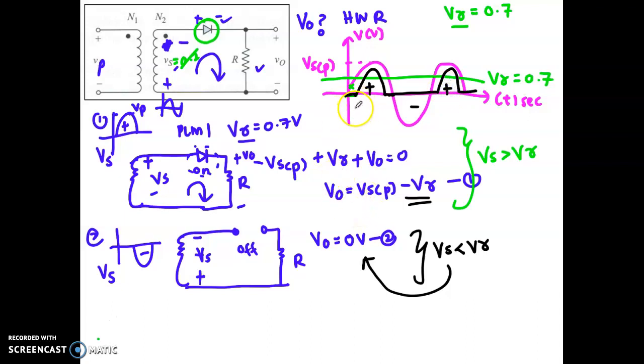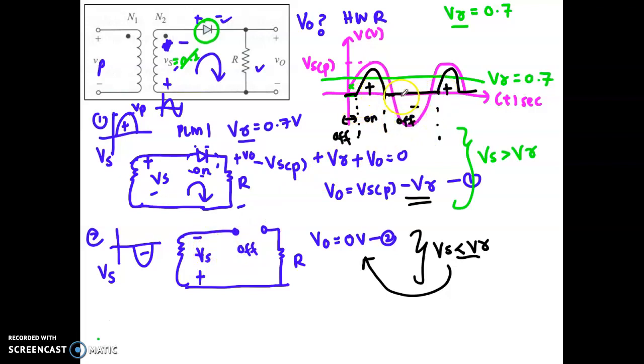Okay. So at this condition, why is this one off? Because your Vs is still less than V gamma. Here, it will become on. And here, why is it off? Because it's negative, right? It is also less than V gamma.